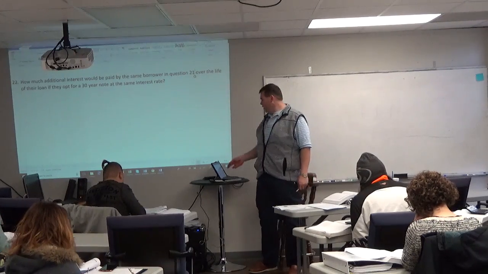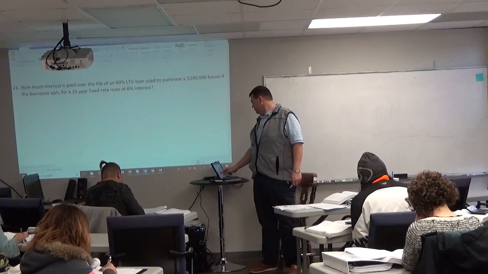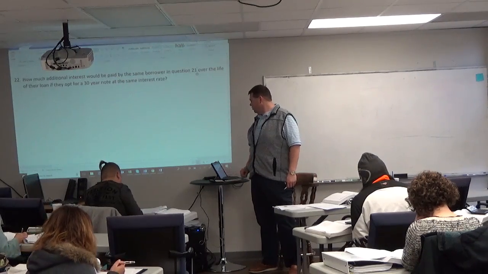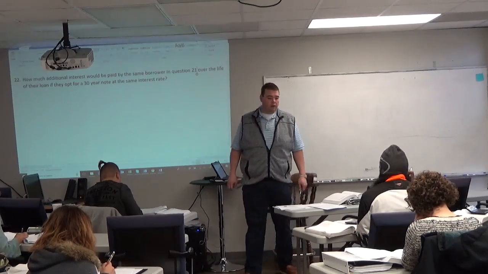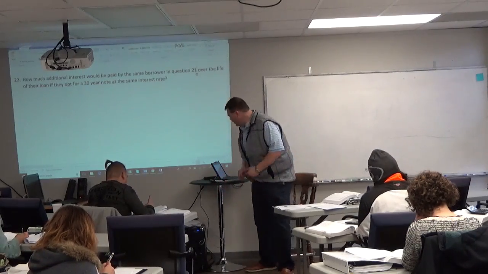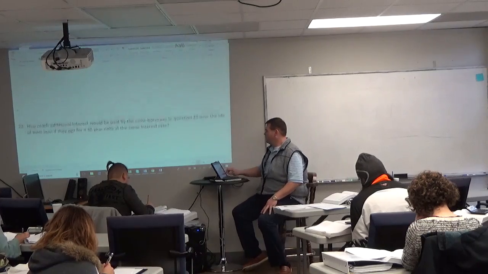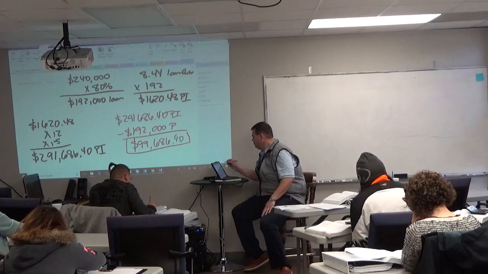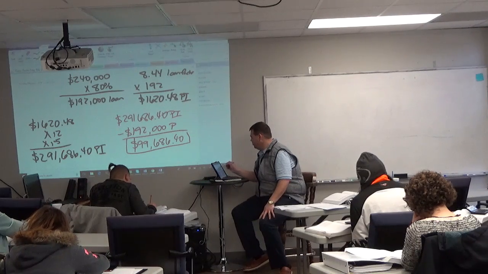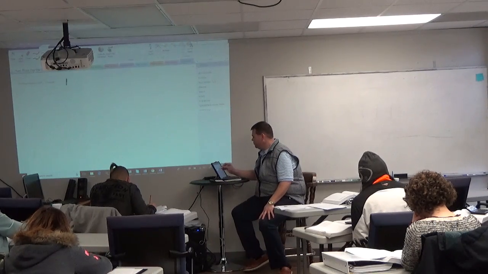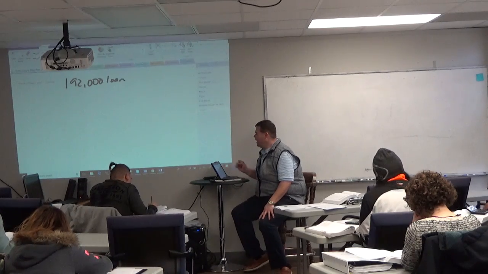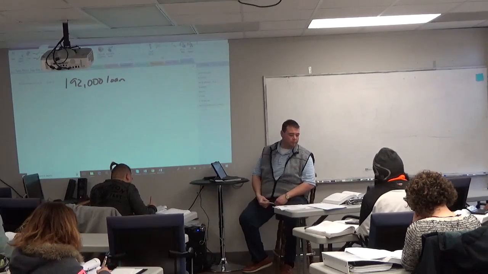So we want to keep the same rate, which they told us was what? 6% interest, but we're just going to a 30-year note. So the loan amount is going to stay the same, correct? So we're starting with the same loan amount, which was $192,000. But now we're going to have a different loan factor.